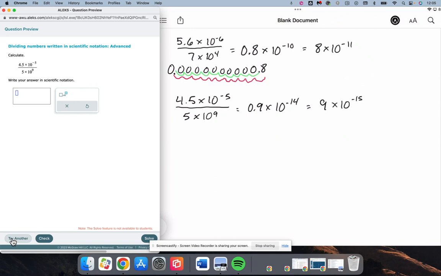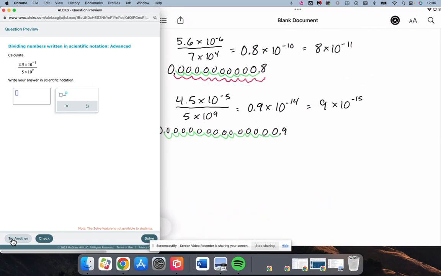But we're going to check it by putting that in standard form and then putting it back in scientific notation just to make sure. So we got 0.9, and I've got to go 14 spots to the left. So 1, 2, 3, 4, 5, 6, 7, 8, 9, 10, 11, 12, 13, 14. We would have 0.1, 2, 3, 4, 5, 6, 7, 8, 9, 10, 11, 12, 13.